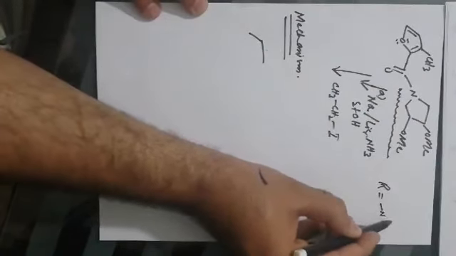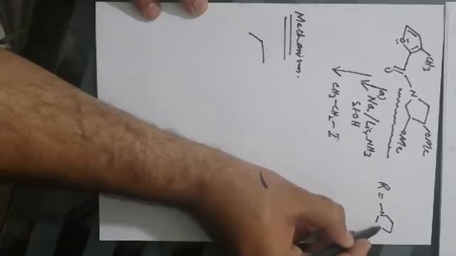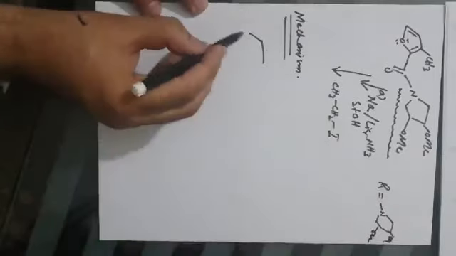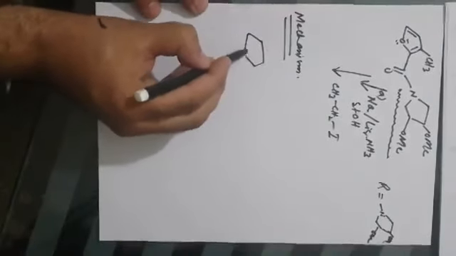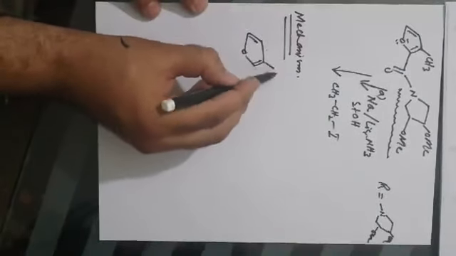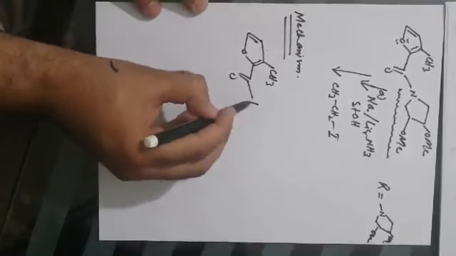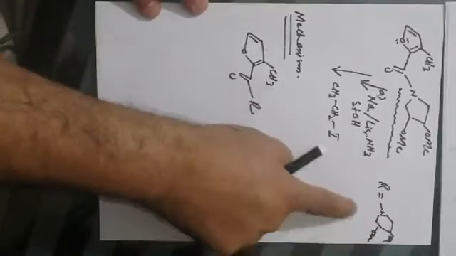R is this part of the molecule. Methyl is here, and here we have R. R is this.